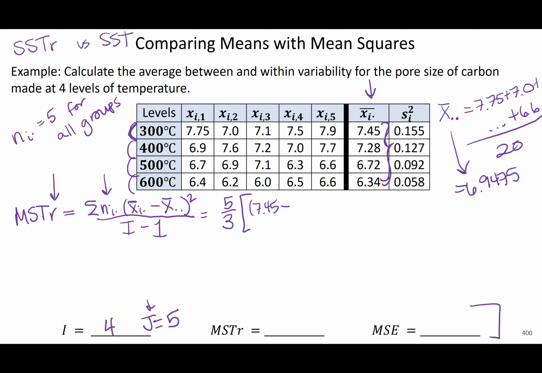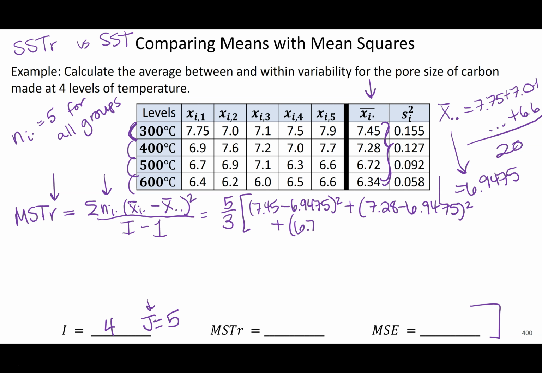So here, 6.9475 squared plus mean of 400 degrees Celsius group, 7.28 minus the overall mean. By all means, feel free to pause, write this out yourself, check your answers.